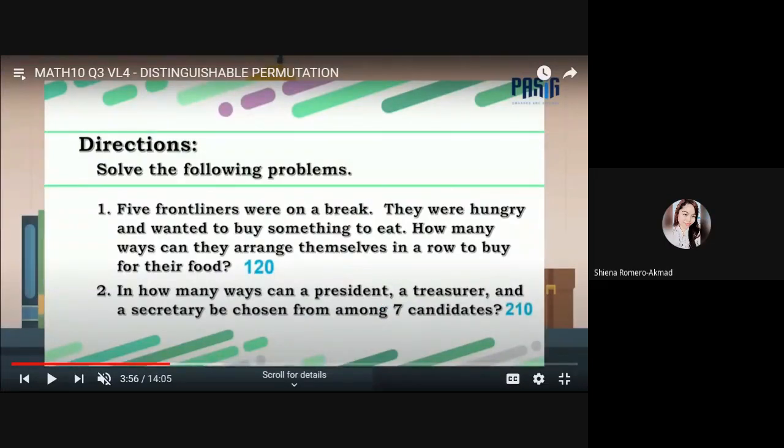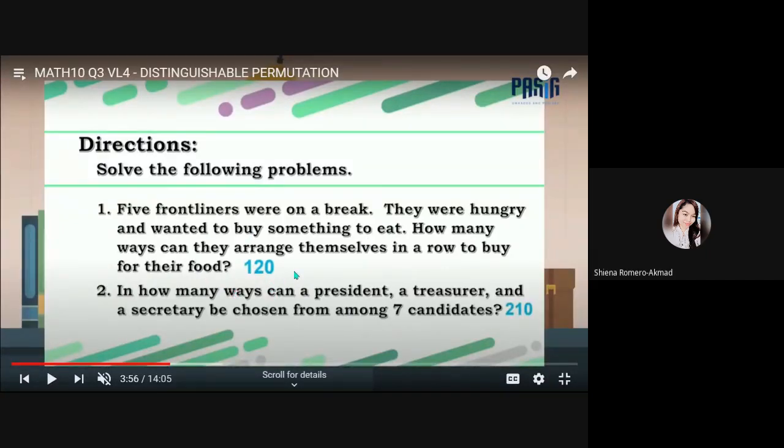Okay? So, most of the time, dapat ang mas una nyo munang i-identify is yung permutation notation, but it is better to give the permutation notation first for you to understand more of the problem before you give the answer.